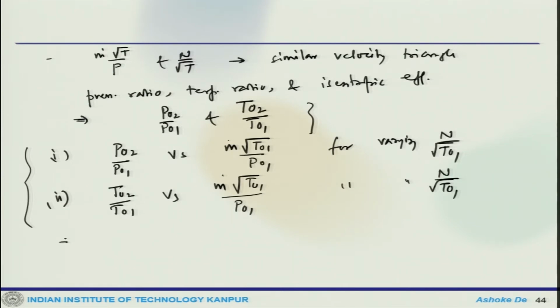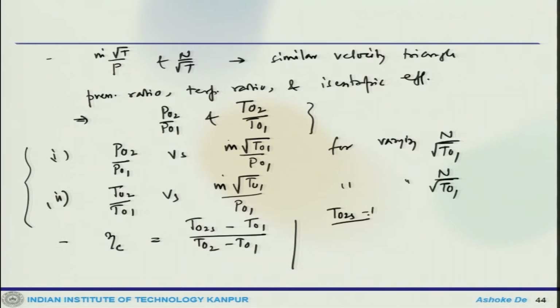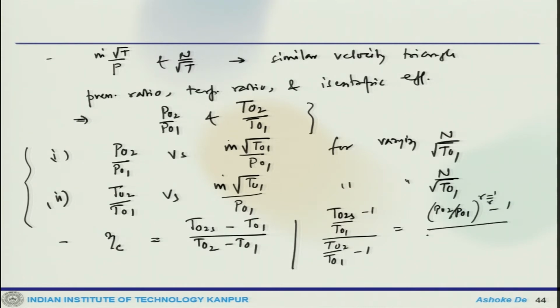Now, we can also obtain the isentropic efficiency, eta c, which is defined as T naught 2 s minus T naught 1 divided by T naught 2 minus T naught 1, and we can get T naught 2 s by T naught 1 minus 1 from P naught 2 by P naught 1 raised to the power (gamma minus 1) by gamma, minus 1, and the denominator is T naught 2 by T naught 1 minus 1.